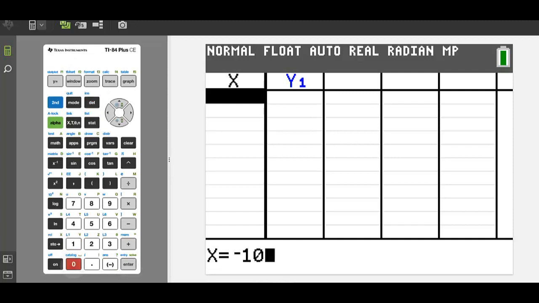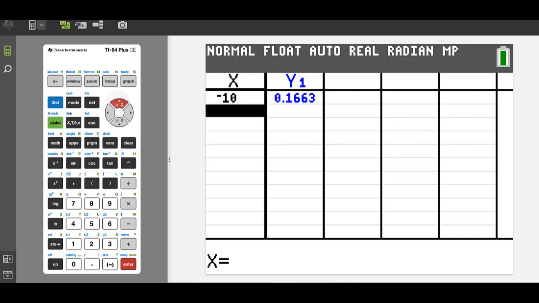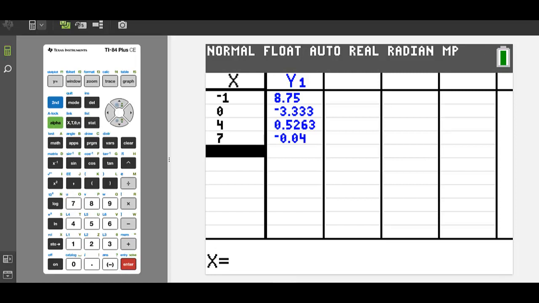-1, 0, 4, and 7. So I'm going to record the values here.